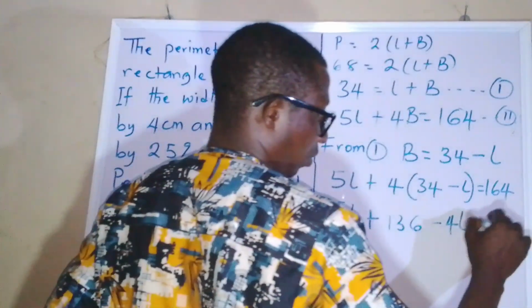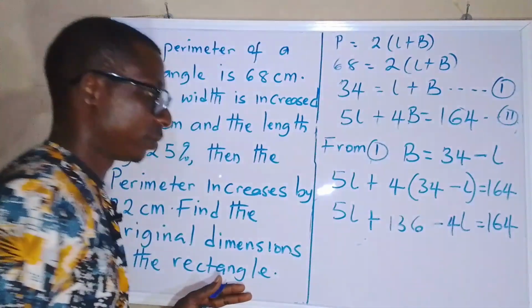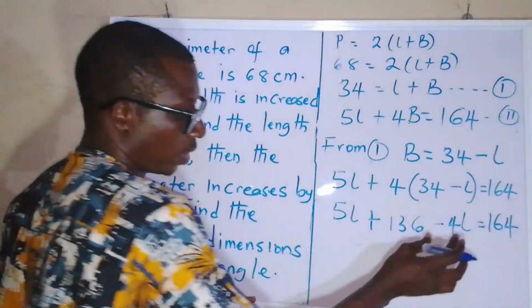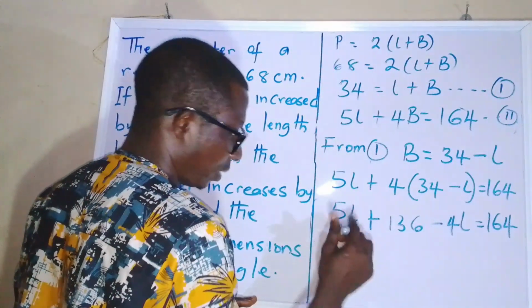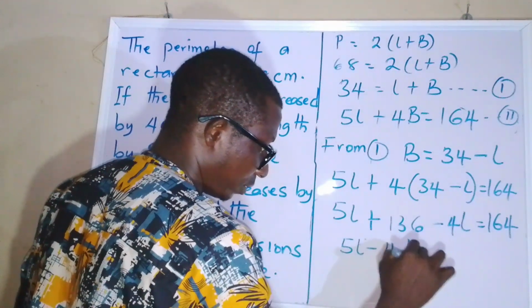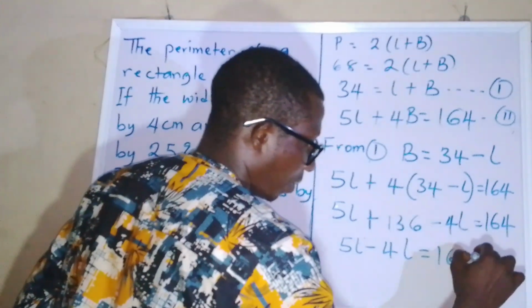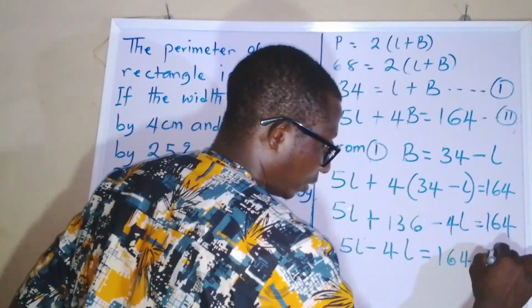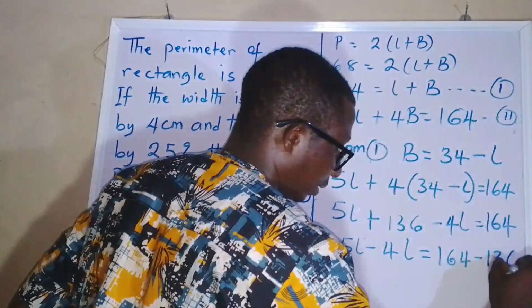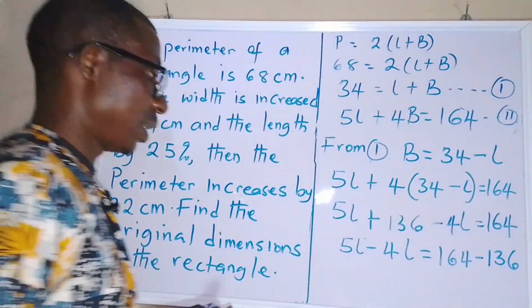So that will be equals to 164. So when you join this and this together, we have 5L minus 4L equals 164 minus 136.